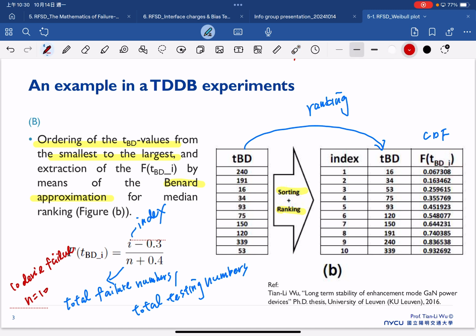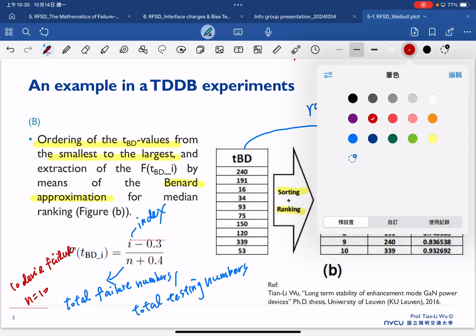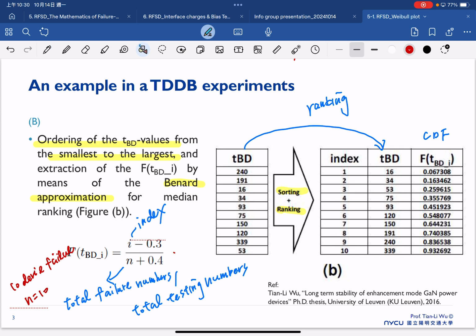That is equal to: the first one, I is 1, so 1 minus 0.3, and then we have tested 10 devices, so N is equal to 10, plus 0.4.